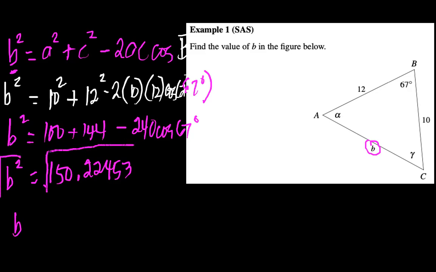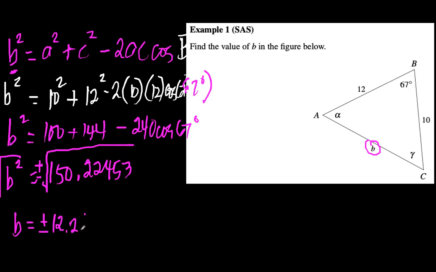And since we're solving for b, let's take the square root on both sides. And again, don't forget the plus or minus. Don't forget that as always. So what's the square root of 150.22453? Is that 12.26? Okay, 12.26.